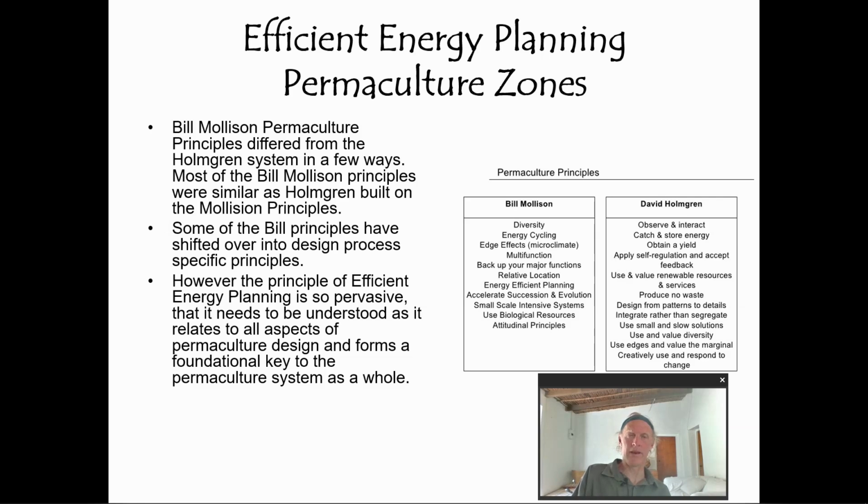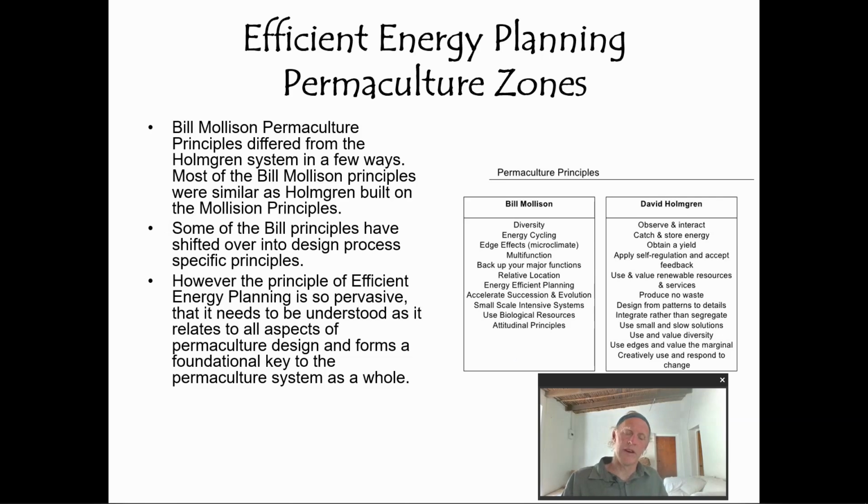What we see here on the slide are David's 12 principles, which we've just been through, and then we have Bill's principles here. Many of these are built into the 12, but this efficient energy planning isn't, although the ultimate result of the application of the 12 principles is efficient energy planning.